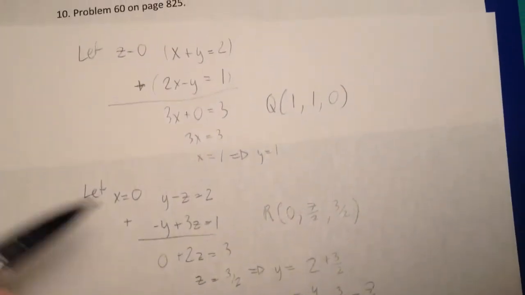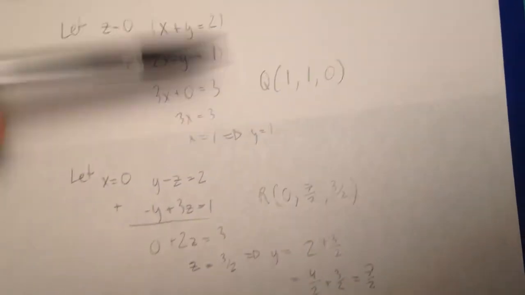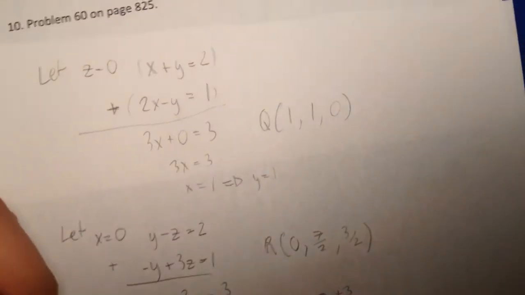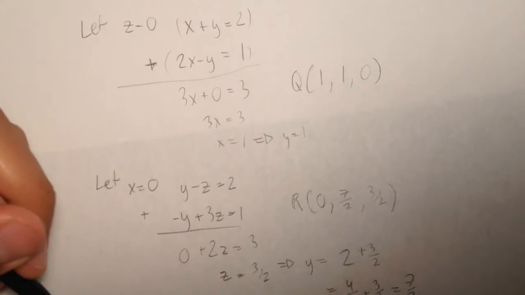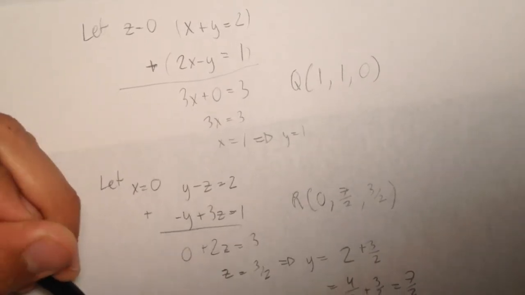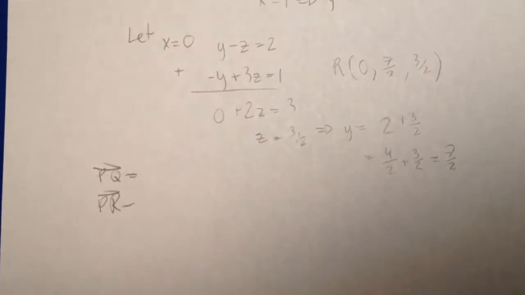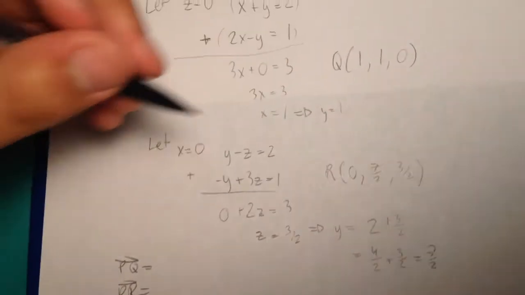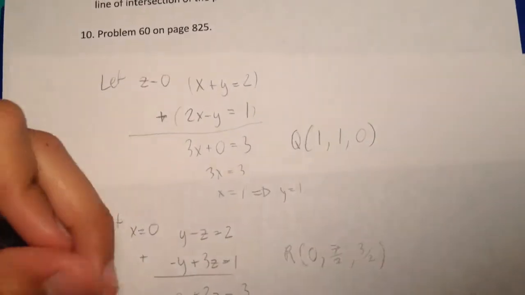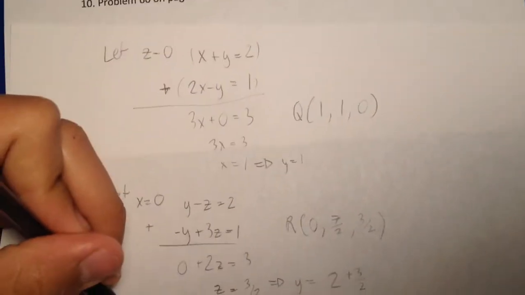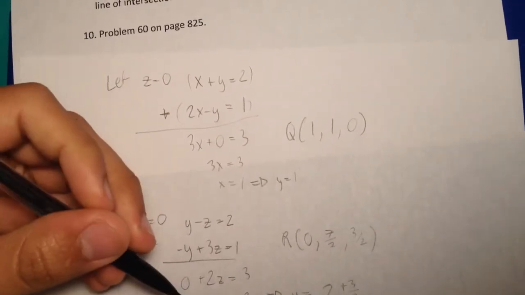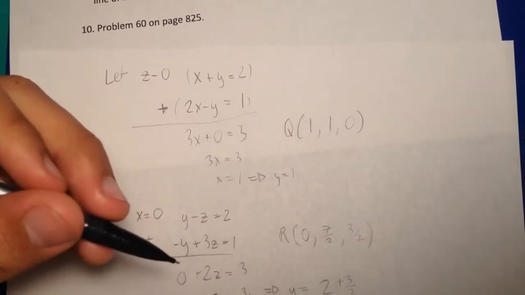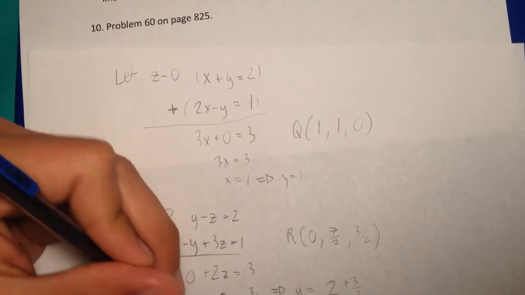Now our second step is to turn these 3 points that we have into vectors. So we're going to make the vector PR and the vector PQ. So the vector PQ is going to be 1 minus 1, 0, 1 minus minus 1, so 2, and then 0 minus 1, which is negative 1.